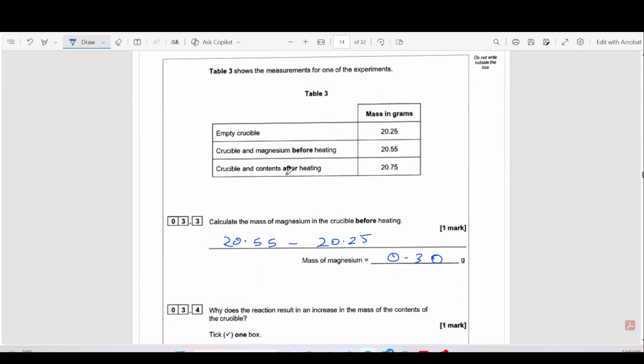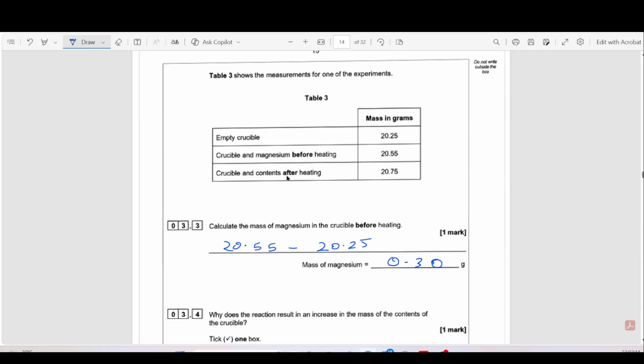Then next one is this, where we have to find the mass of the magnesium alone. So basically, here we will have to subtract the mass of the empty one from the one which is containing magnesium, right?